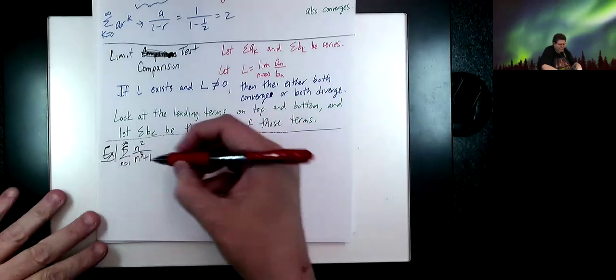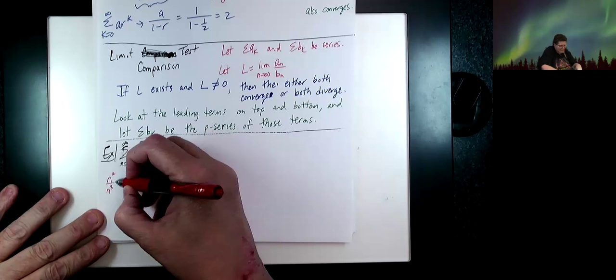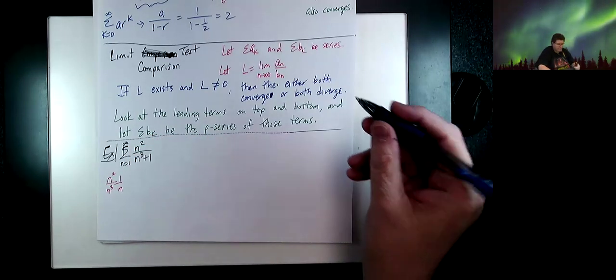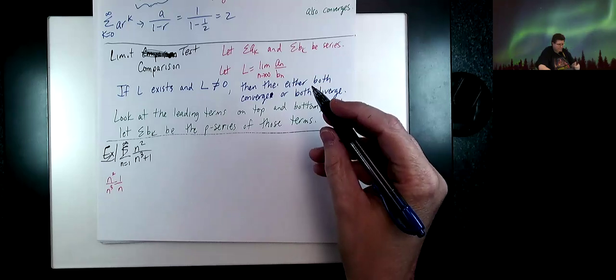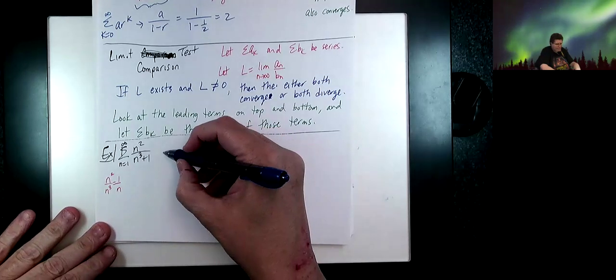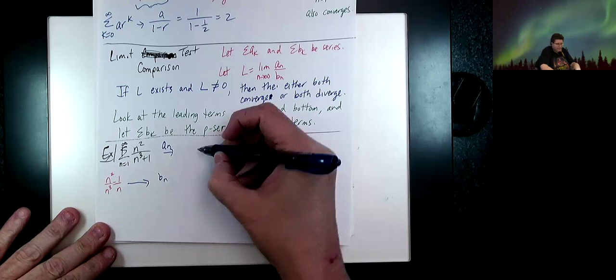So if I look at n squared over n cubed, that's the same as 1 over n. So we're going to look at a sub n over b sub n. This is my a sub n. That's my b sub n.